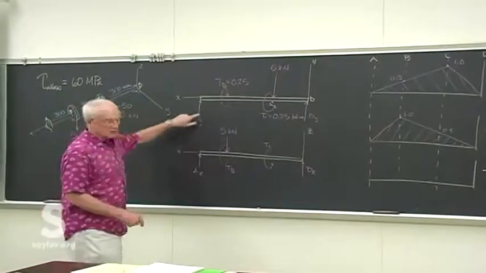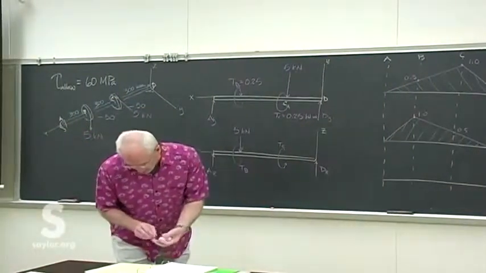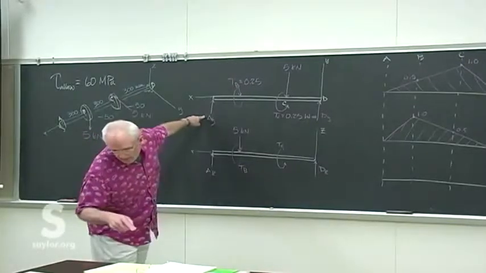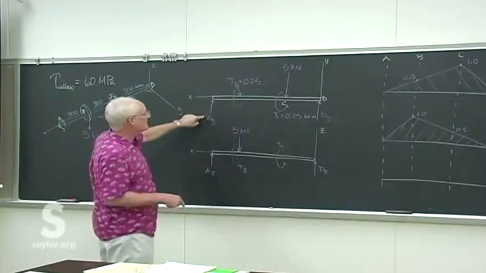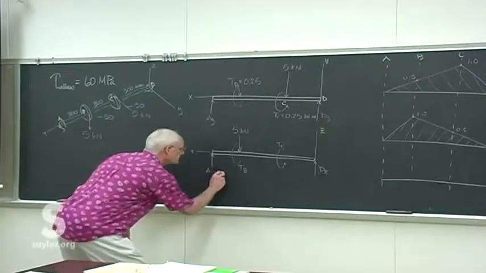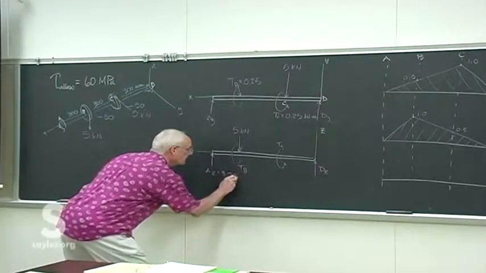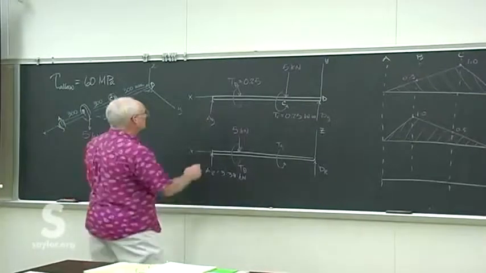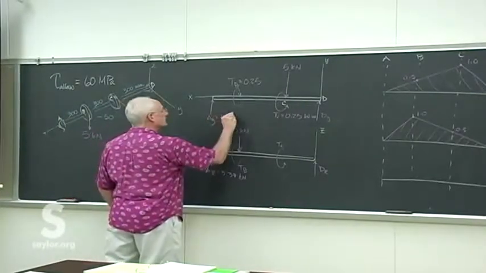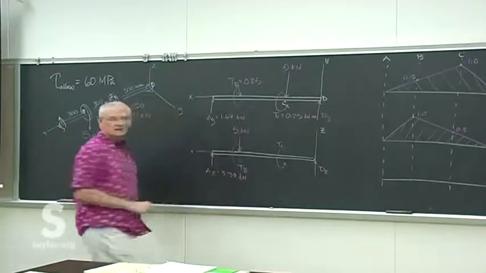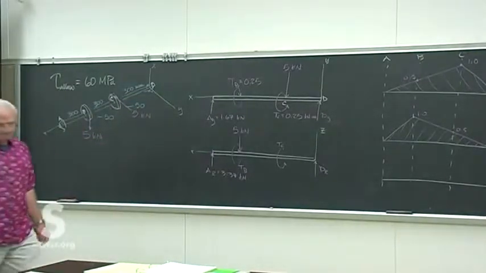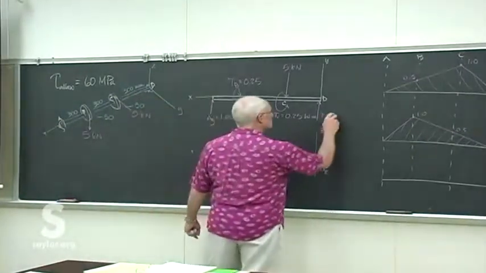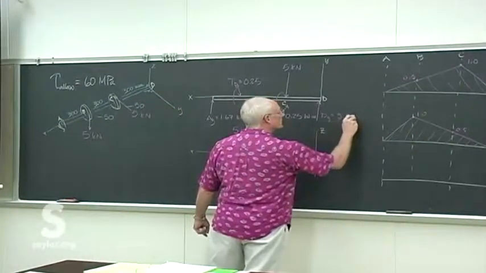Well, the reactions, let's make sure, I guess you got those. This one, AZ, I have is 3.33 kilonewtons, and AY is 1.67. Does that look right? And then, yeah, it's just the opposite on the other ones. 3.33 there.